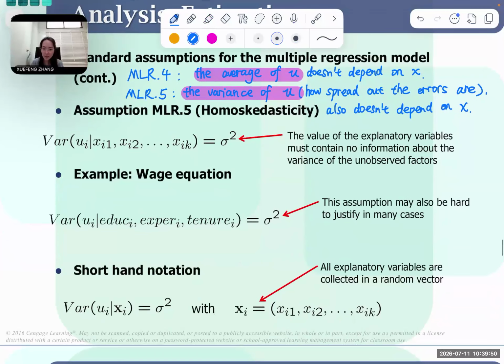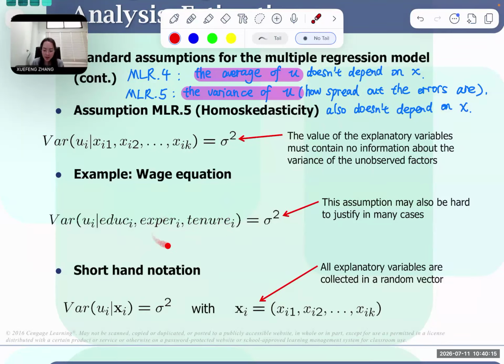In our example, the variance of mu given education, experience, tenure equals sigma squared. In plain words, our prediction errors should be equally unpredictable for someone with 5 years of education and someone with 20 years.